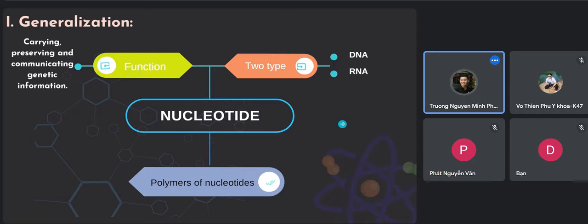So from that video, I hope you understand a little bit of the generalization. To talk more about it, nucleic acids are polymers of nucleotides. The latter are composed of a 5-carbon sugar, which can be ribose or deoxyribose, linked to a nitrogen base, which can be purine or pyrimidine, and a phosphate group.